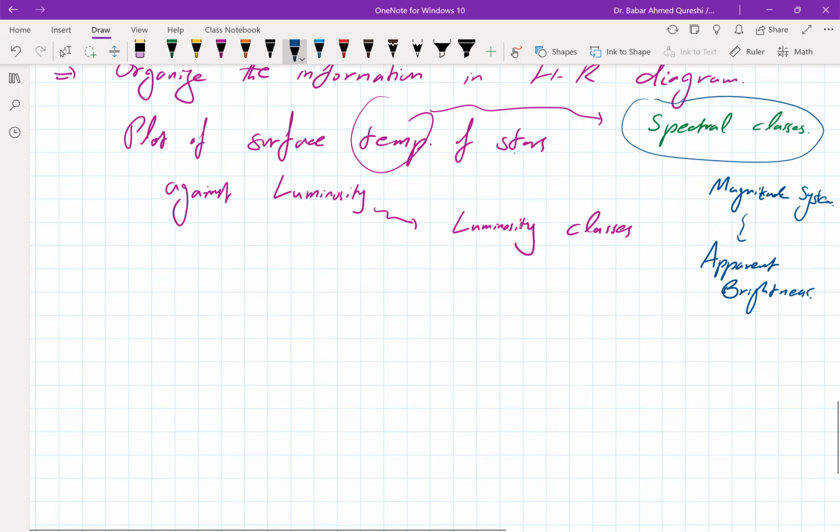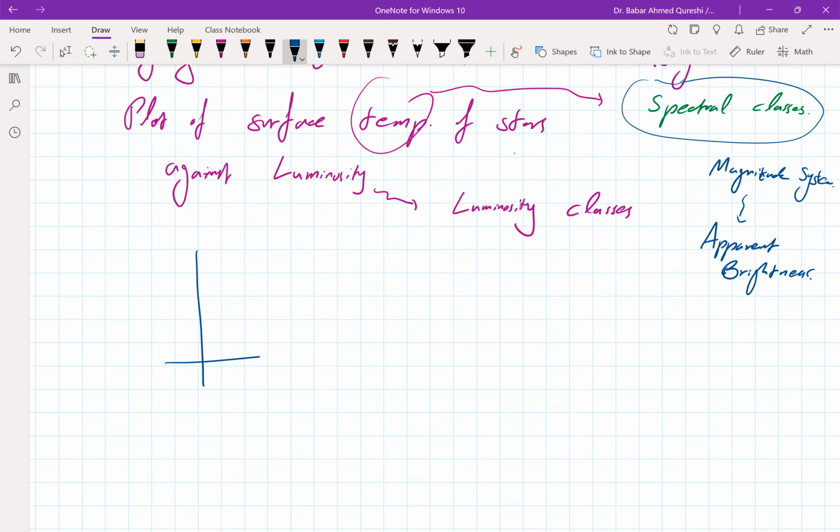Using these, we made a plot: temperature goes this way, luminosity goes this way, a logarithmic plot.